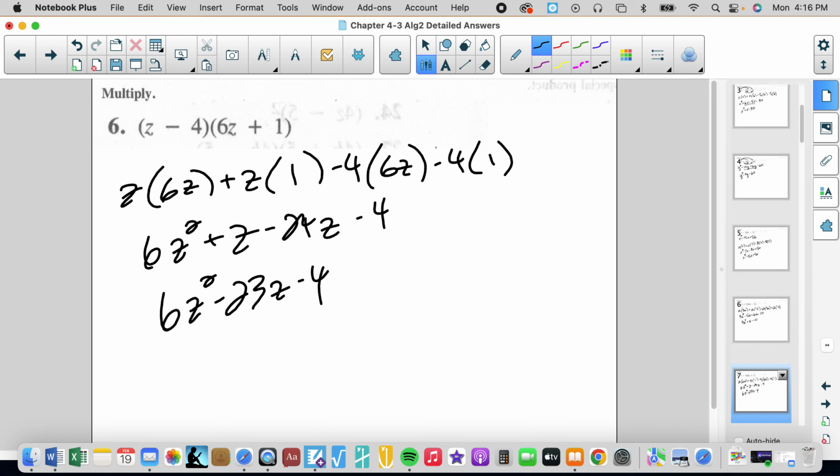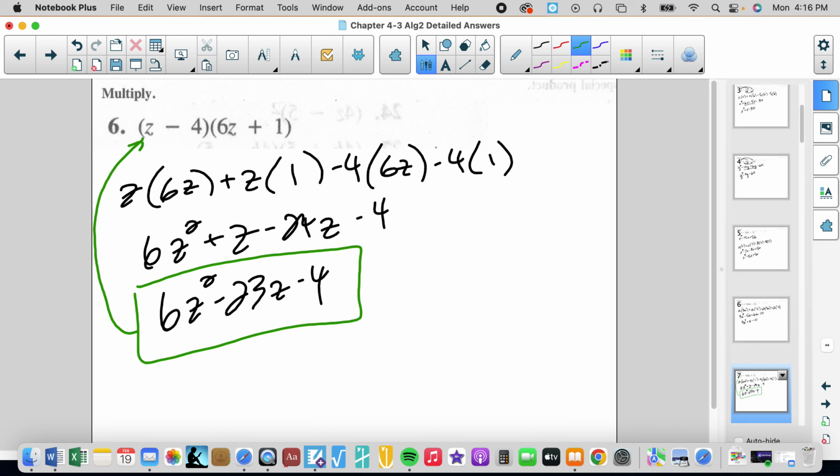Now the other reason is, down the road, I'm going to give you this and I'm going to expect you to be able to factor it, to break it up from addition, subtraction to the product of two binomials. So we have to understand how these things are made. How did we get 6z? By multiplying that. How did we get negative 4? By multiplying that. How did we get the negative 23z?